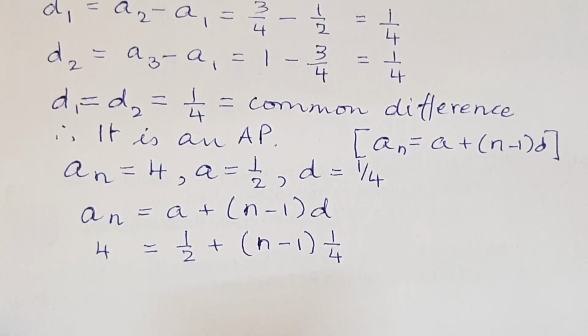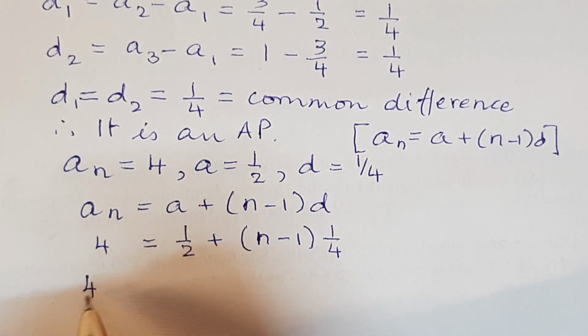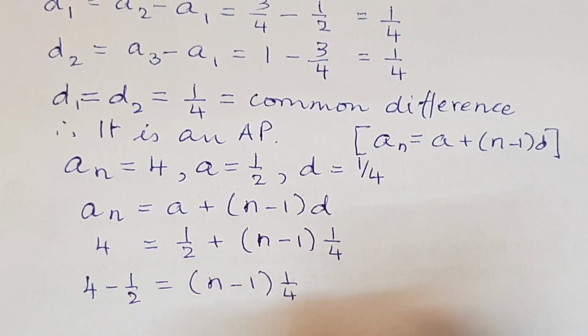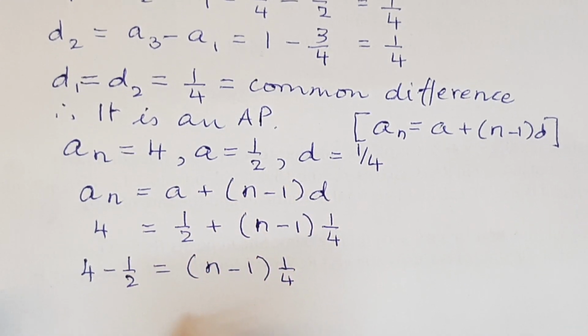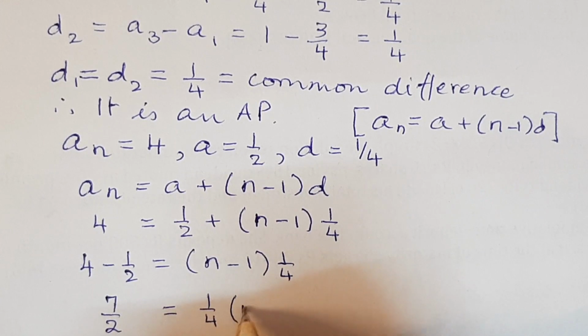So now as we solve this, we will take this half this side. So 4 minus half is equal to N minus 1 into 1 upon 4. Now 4 minus half is 3.5. 3.5 means it is 7 upon 2 is equal to 1 upon 4 into bracket N minus 1.